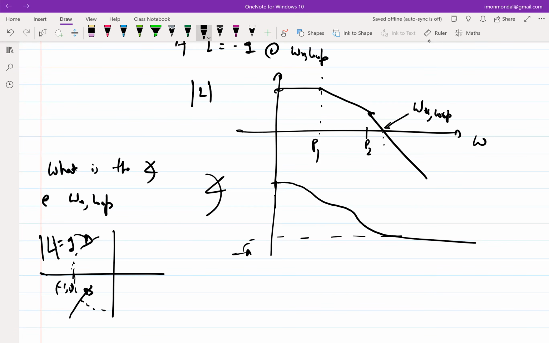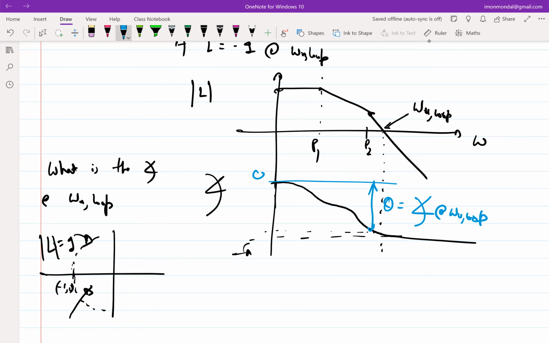All I need to do is mark off that point in the phase domain which aligns with omega u loop, essentially the phase at omega u loop, right? So the phase at omega u loop is this. So this is 0. Let's say this is theta, whatever it is. I'll just simply say angle at omega u loop.